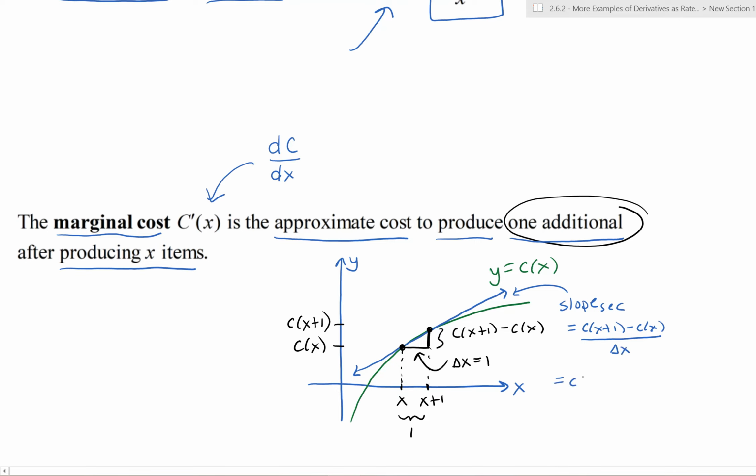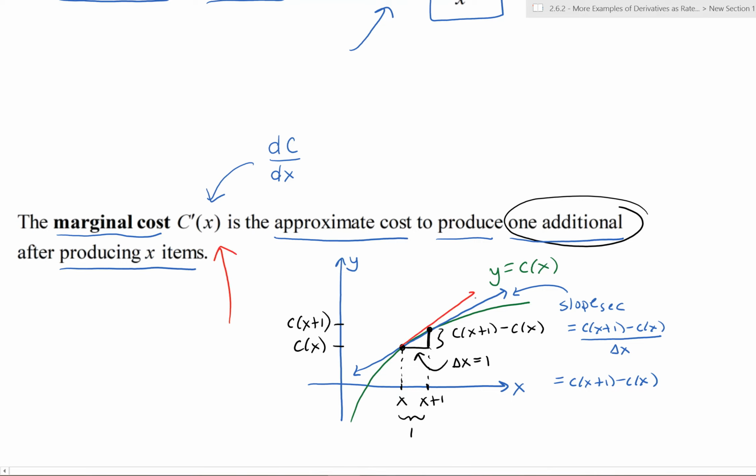So really it's just C of x plus 1 minus C of x. And so we can see the change from C of x to C of x plus 1. What is that change? That change is actually the same as the slope of the secant line in that particular instant. And what we'll do is instead we'll draw the derivative at x, right, C prime of x.